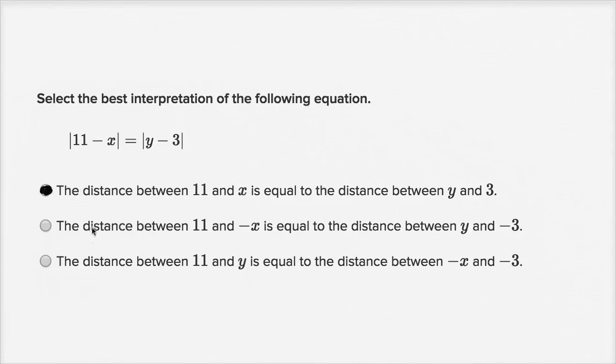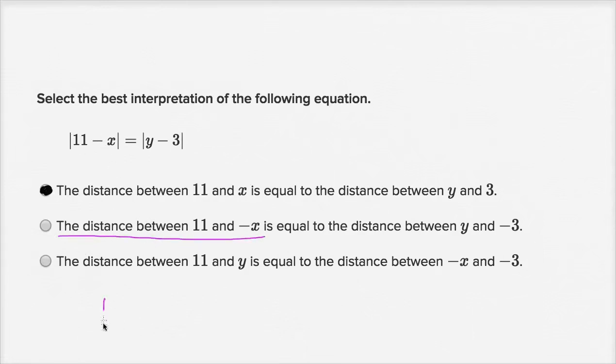But let's look at the other choices. The distance between 11 and negative x is equal to the distance between y and negative 3. Well, the distance between 11 and negative x, that's not going to be this over here.